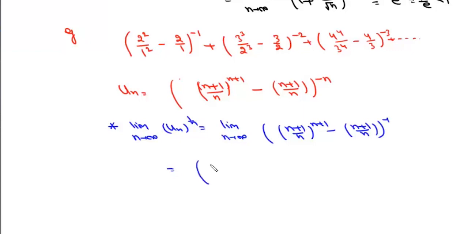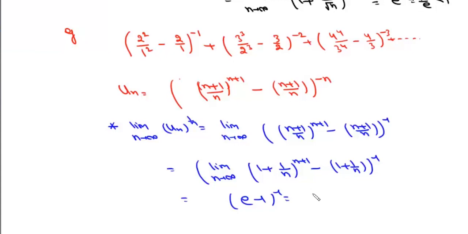Now we can write this as this limit n tends to infinite, 1 plus 1 by n to the power n plus 1 minus 1 plus 1 by n to the power minus 1. Now this is a standard limit, which is e, so it will be e minus 1 to the power minus 1. So the value of this limit is 1 upon e minus 1, and 1 upon e minus 1 is less than 1. That means this series is a convergent series.